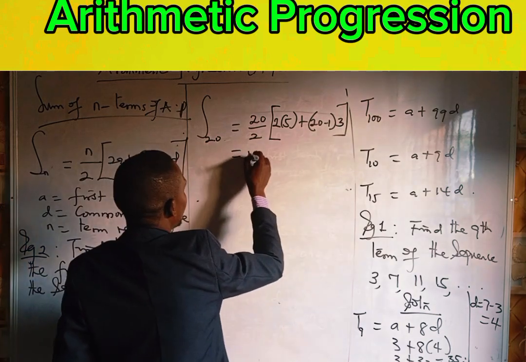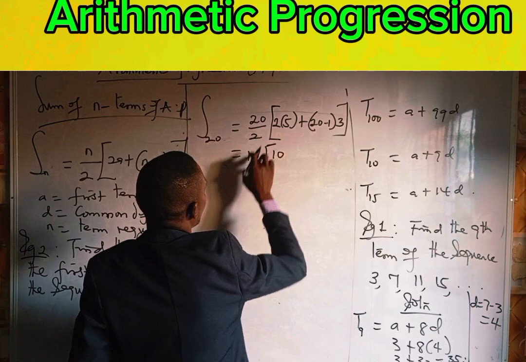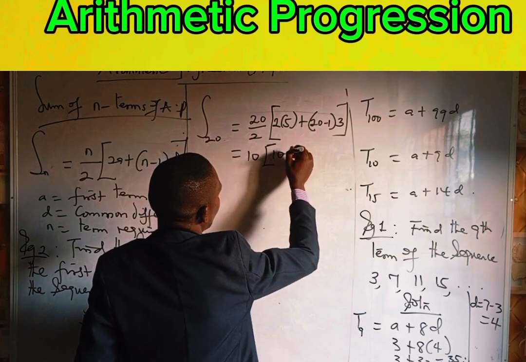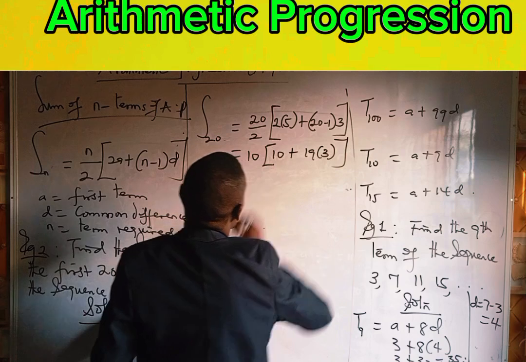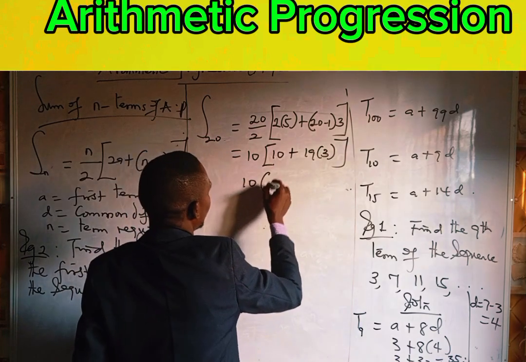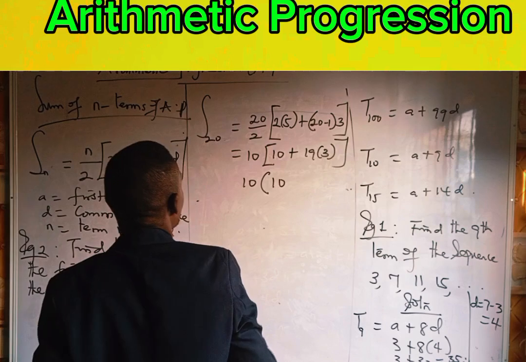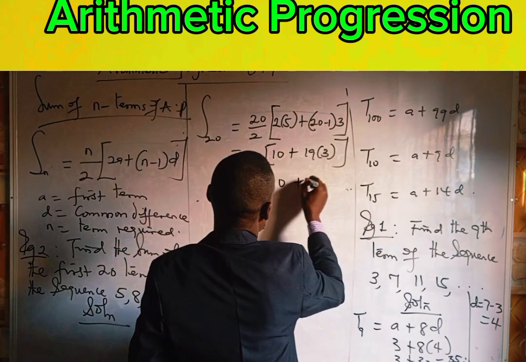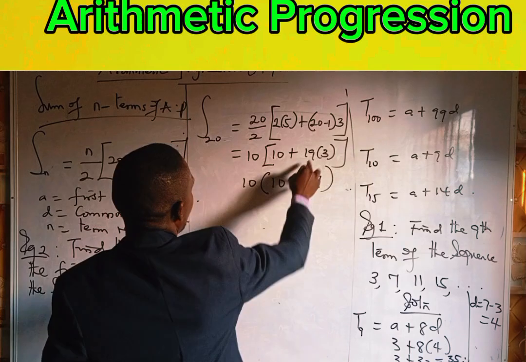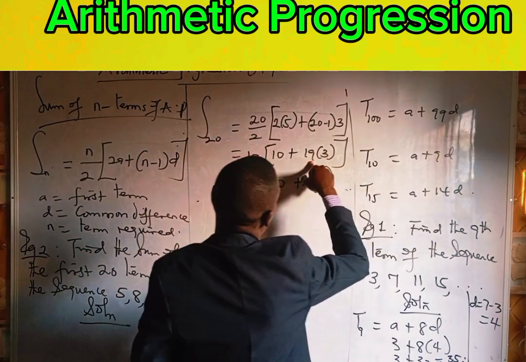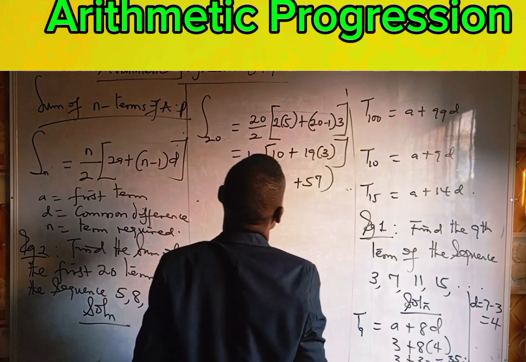Now, 20 divided by 2 is 10. 2 times 5 is 10, plus 19 times 3. Good. This is 10 open bracket 10 plus 19 times 3. 19 times 3 is 57: 3 times 9, 27, write 7, carry 2; 1 times 3, 3 plus 2, 5.